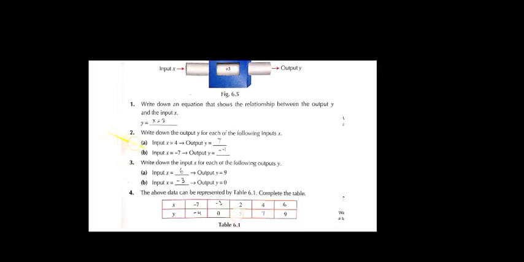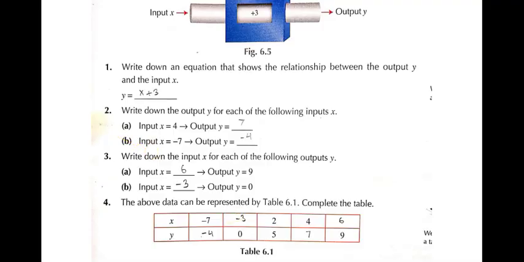So you can complete this table by yourself if you understand what I mean. By the way, this is when I already fill all the answers. So the table here is also completed.